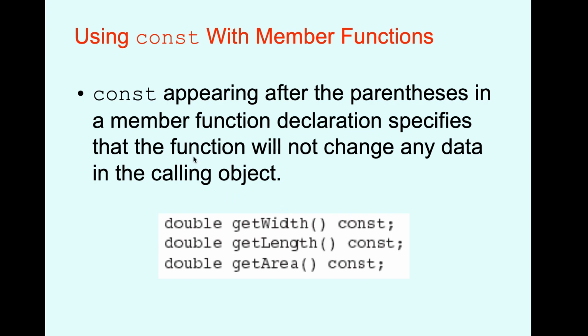Okay, the word const is used to make the function unchangeable. Const means that this function will not change any value. It can only do the functionality for which it has been defined. So this function will not be allowed to change any values.